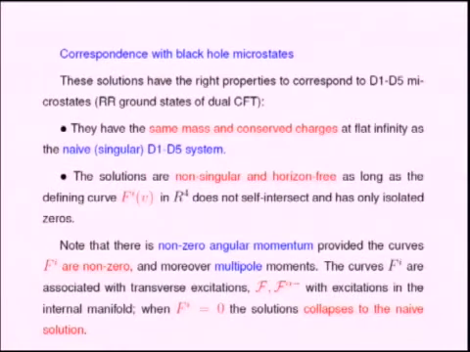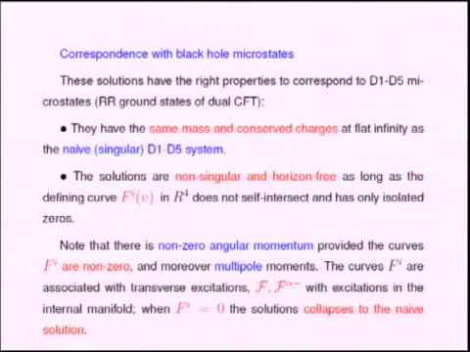At first sight, they certainly seem to have the right properties. They have the same mass and conserved charges at flat infinity as the naive system. The solutions are also non-singular and horizon-free in general. There's a technical condition that this defining curve of the profile can't self-intersect. But they have these two properties.